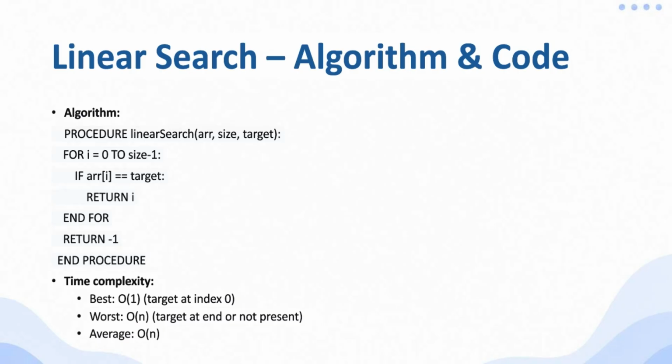And also the space complexity: there's no need for an extra array, so space complexity becomes O(1). So we can say linear search is simple but slow for large arrays. If we have a sorted array, we can do much better.